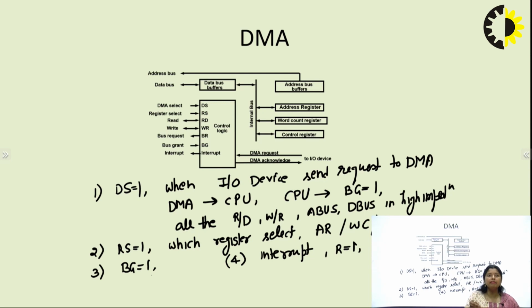At that moment, if the interrupt value is 1, because DMA is saying that it can handle the interrupt, another IO device can also transmit a request for memory transfer. But if the interrupt is disabled, other IO devices cannot transmit data until all the data transmission which was previously going on from the IO device to DMA to memory is completed.